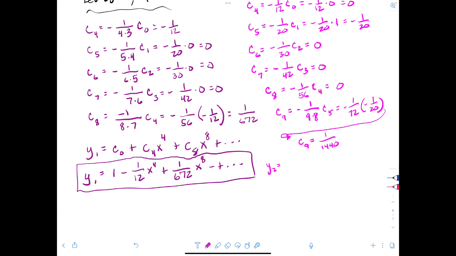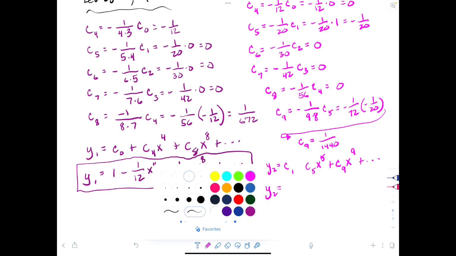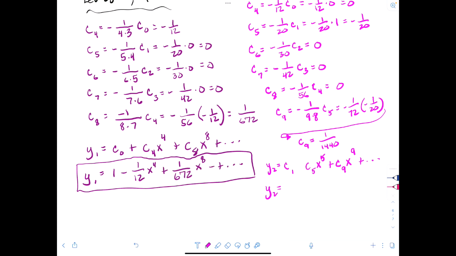So Y2 is going to be C1 plus C5 times x to the 5th plus C sub 9 times x to the 9th plus ... So plugging in, we'll have Y2 is, and sorry, this would be C1 times x plus.